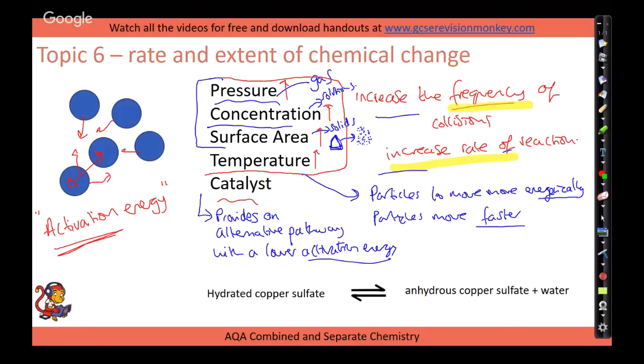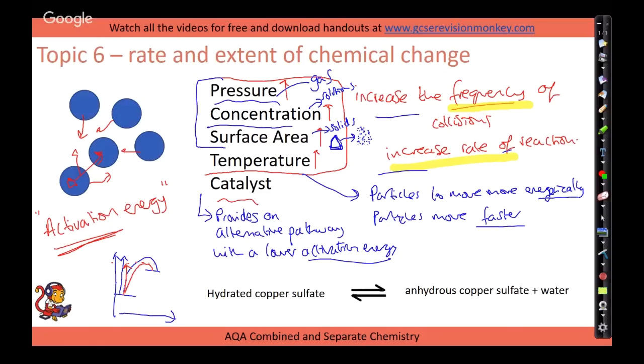That links back to topic 5, when they had those reaction profiles, something that might have looked a little bit like this, and there's the activation energy on it. The effect of a catalyst would look something like this, because it's a different pathway and it has a lower activation energy. So these are the keywords that you need to get in.